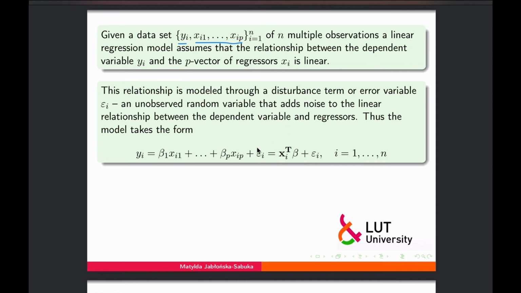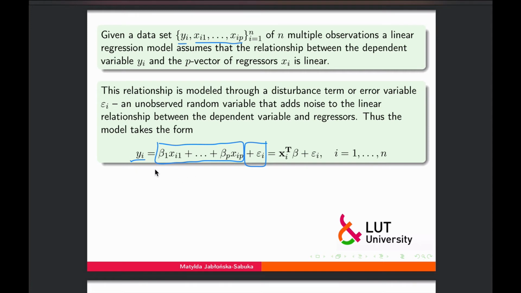This relationship is modeled through a disturbance term or error variable epsilon, an observed random variable that adds noise to the linear relationship between the dependent variable and regressors. Thus the model takes this form: our dependent variable becomes a linear combination of predictors multiplied with their model parameters, plus these error terms, which account for what is missing between the straight line and the actual data.